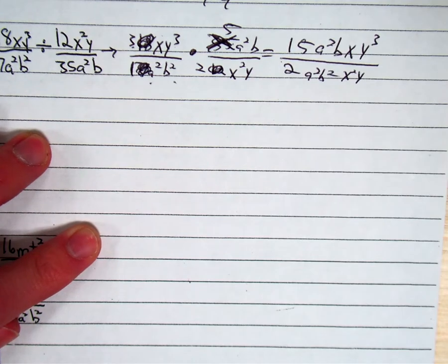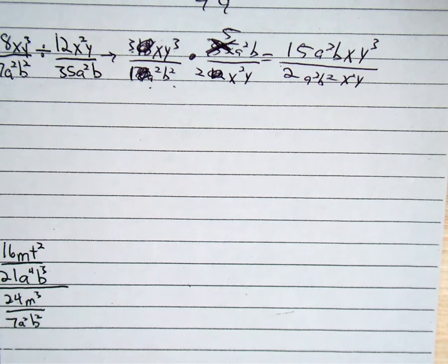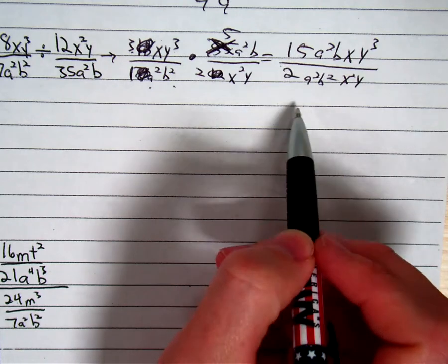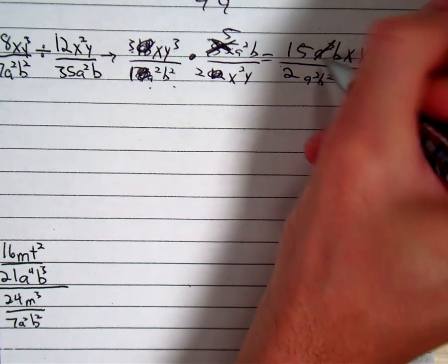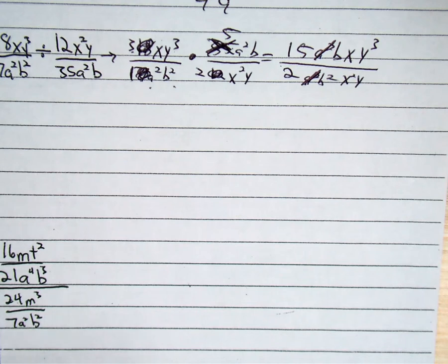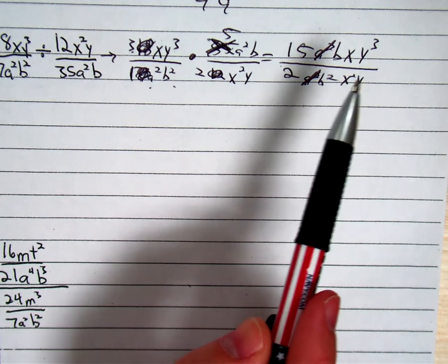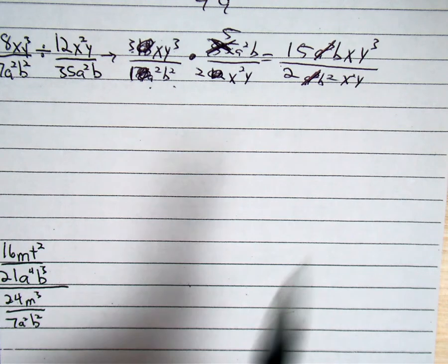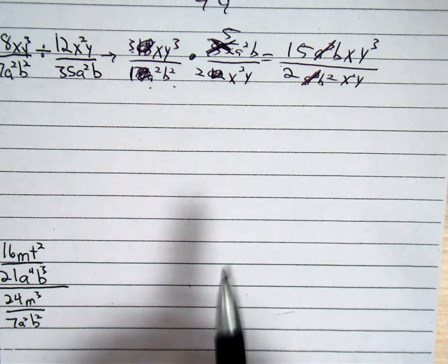Okay, and we've done these before. I can't reduce the 15 over 2. A squared over a squared cancels out. Okay, b over b squared. That means there's 2 on the bottom, 1 on top. One of them would cancel out, and we'd be left with 1 on the bottom. Same thing with the x over x squared. And then the y to the third, there's 3 of them on the top, 1 of them on the bottom.